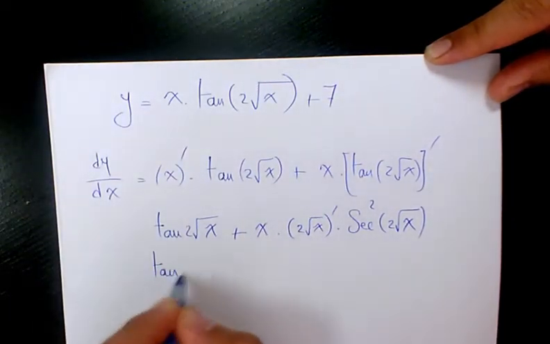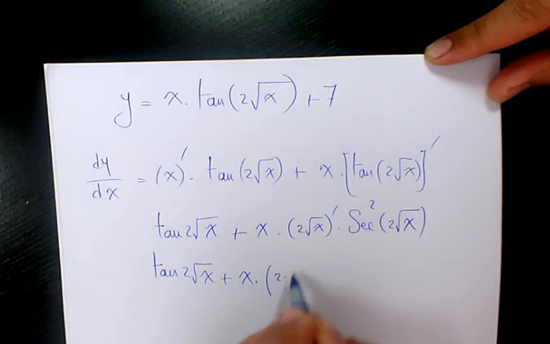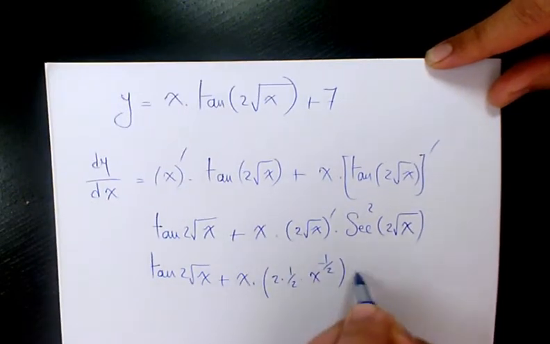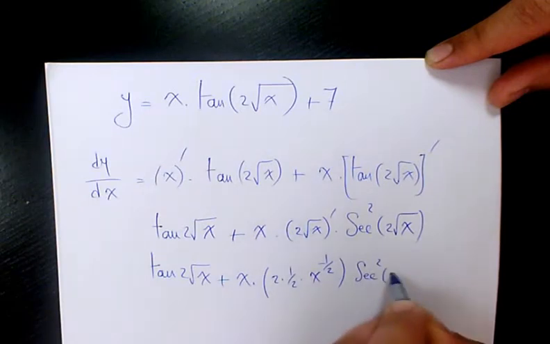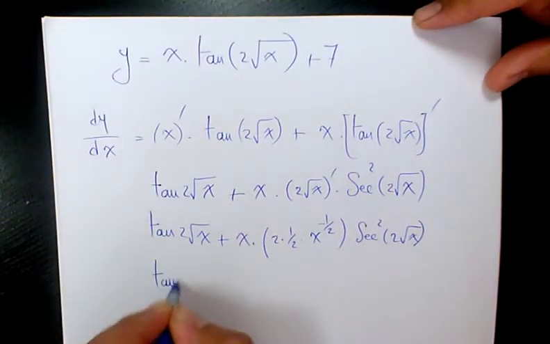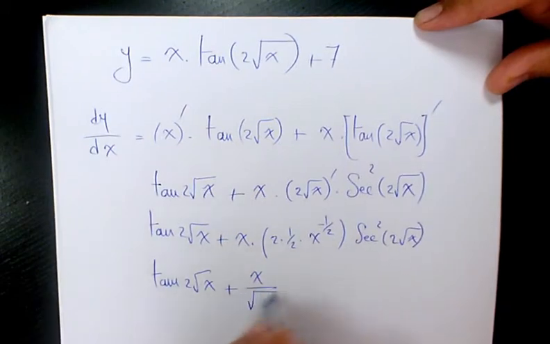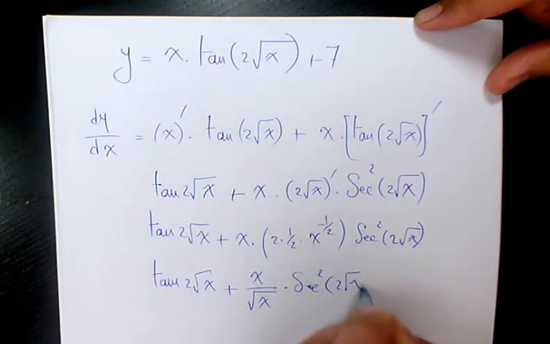So it's going to be tan 2 root x plus x times derivative of 2 root x, which is going to be 2 times 1 over 2 times x to the power of negative 1 over 2, times secant squared 2 root x. The 2 and a half cancels out. We have tan 2 root x plus x over root x times secant squared of 2 root x.